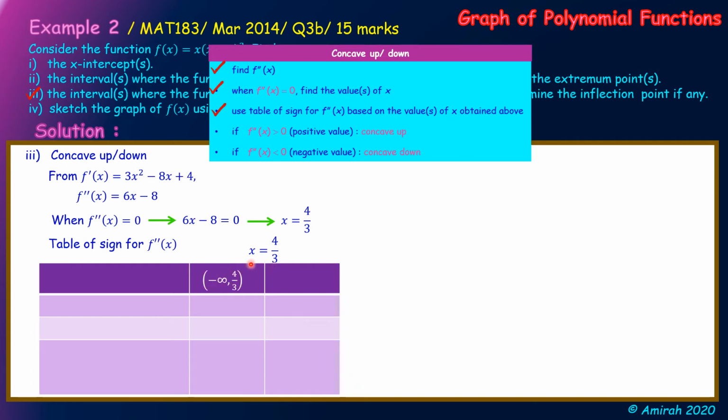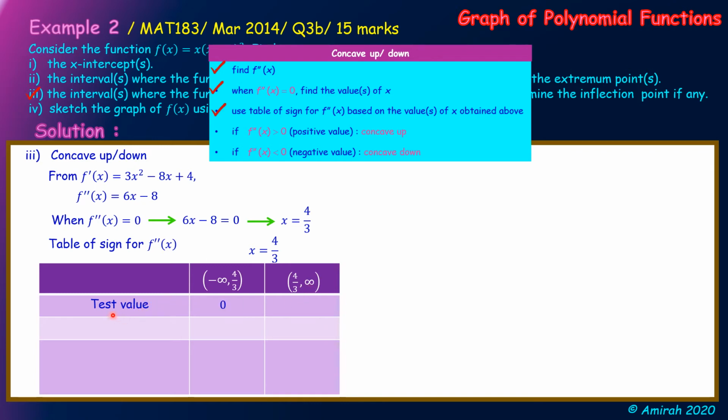Okay, so for x equals 4/3, from the left, the interval is the open interval from negative infinity to 4/3. And for the right side of x equals 4/3, we can write the open interval from 4/3 to infinity.